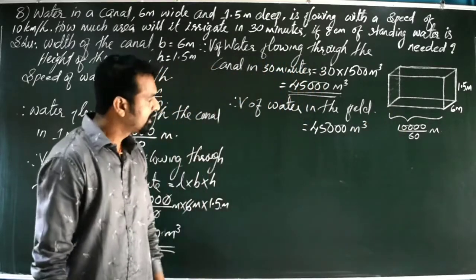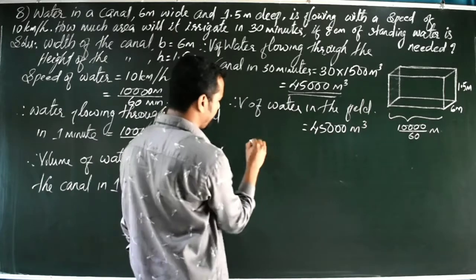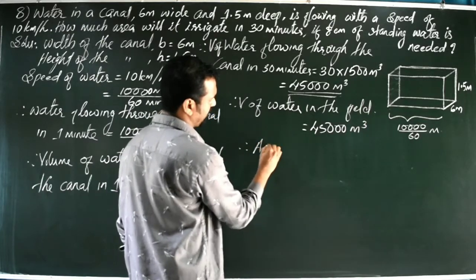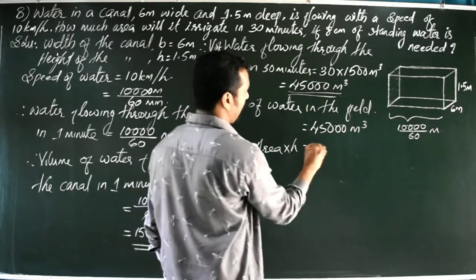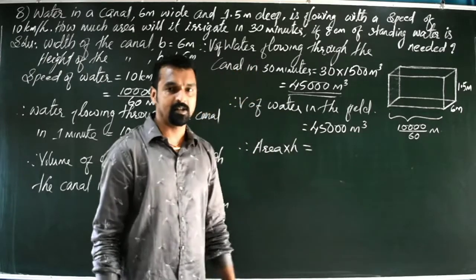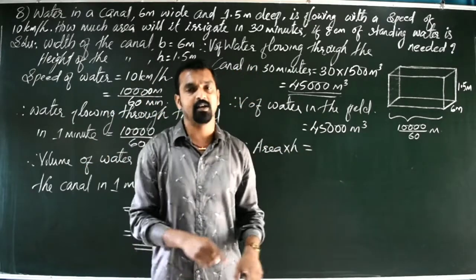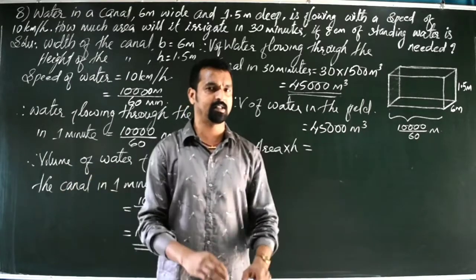Therefore, volume of water in the field is area into height. Just imagine that field also is in a plain area.